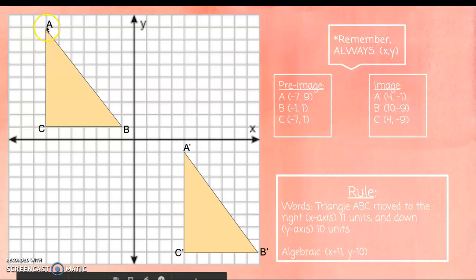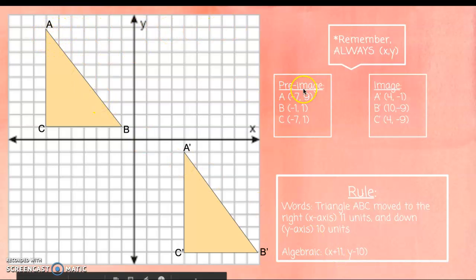So if I took point A and went over 11 and then down 10, I would end up at A prime. If I took B, I would move over 11 and down 10, and I would be at B prime. And C, same thing, over 11, down 10, C prime. So algebraically, what I'm doing is adding 11 to my x value because I'm moving to the right 11.